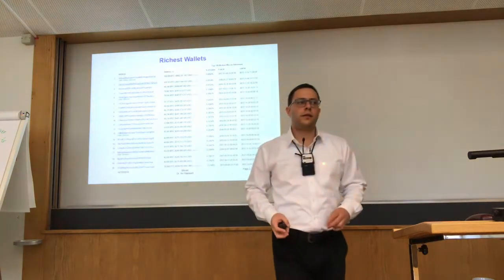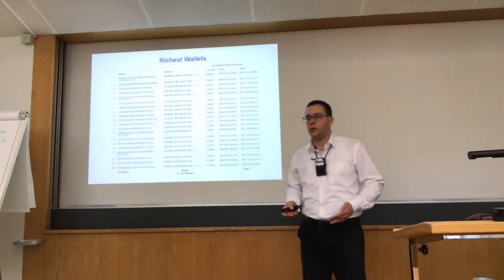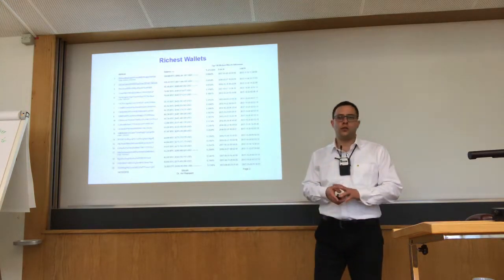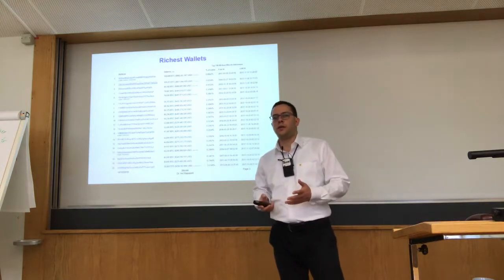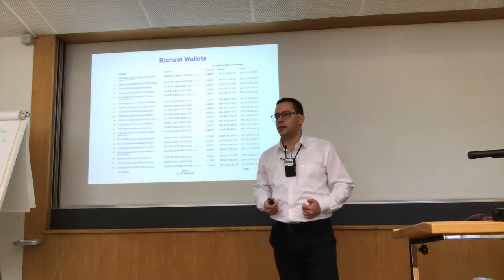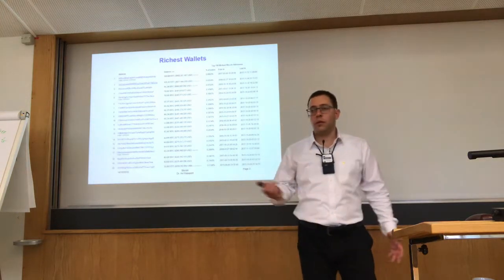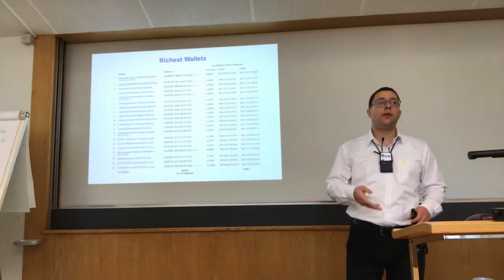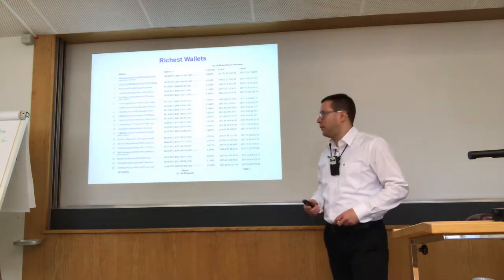Okay? And this arrangement is called a custodial arrangement. It's a custodial relationship, just like when I deposit with the bank, it holds this money in custody for me. The same thing with a Bitcoin exchange. They're holding my Bitcoins in custody to my benefit. Okay?